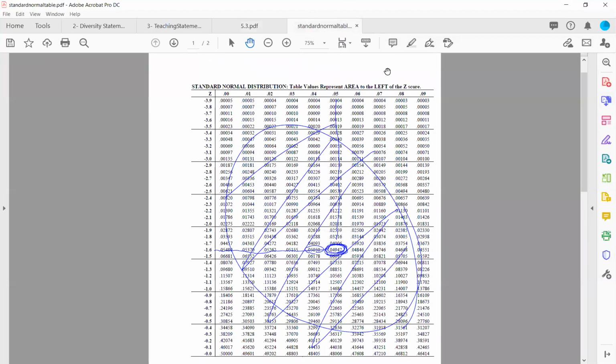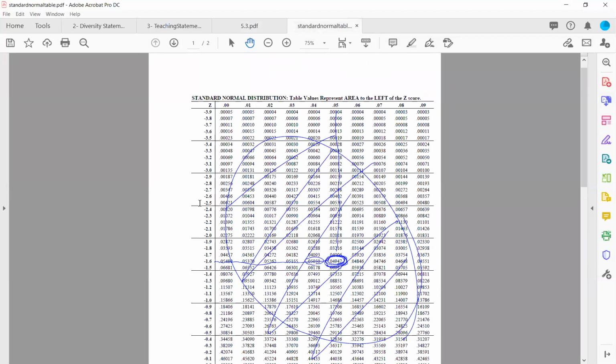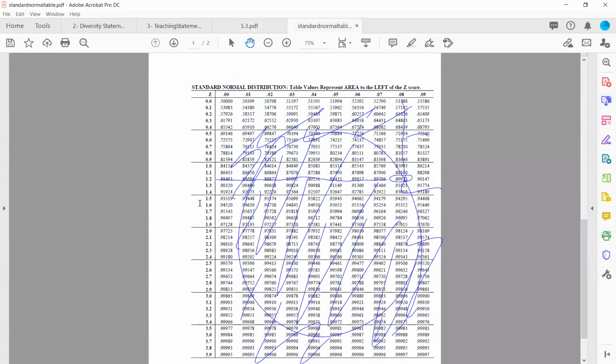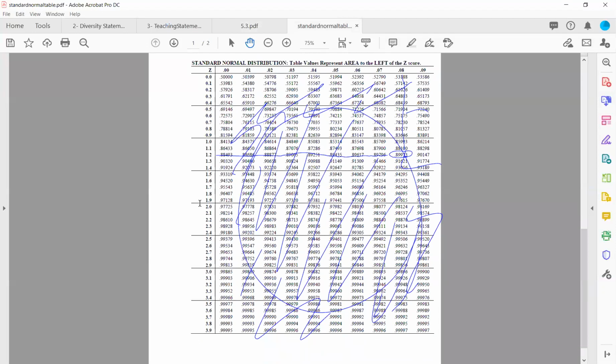Okay, let's take a look at our table. We're looking for 90%, which is an area in between these decimals. 50%, 60%, 70%, 80%. I'm getting closer and closer to a number close to 90%.